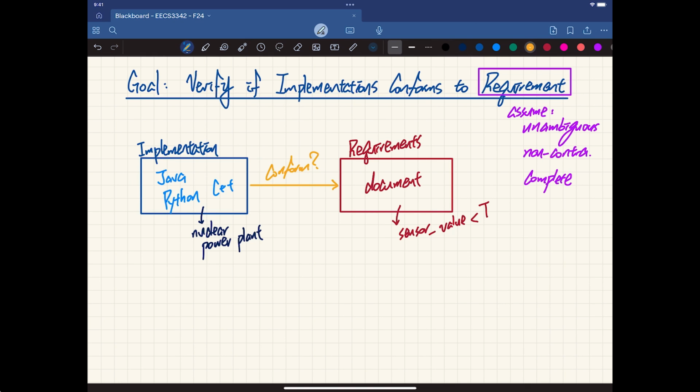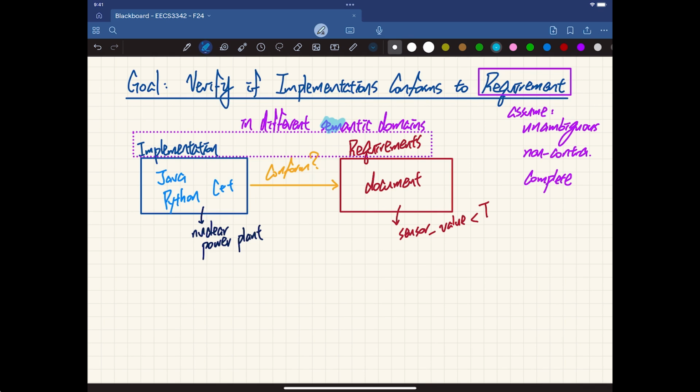What you want to realize is, if you look at the implementation here and the requirements over here, these two are in different semantic domains. Yeah, this term might be new to you.